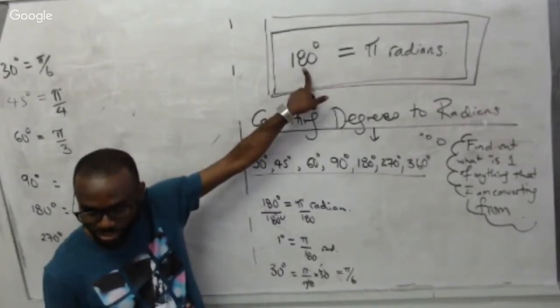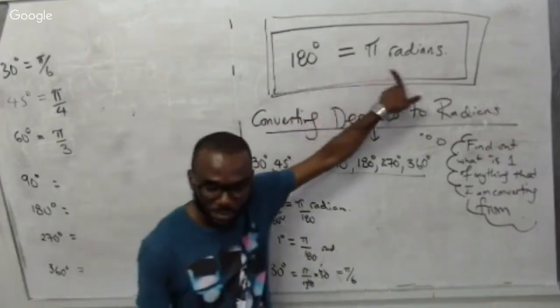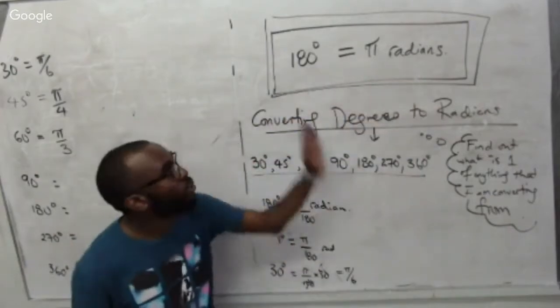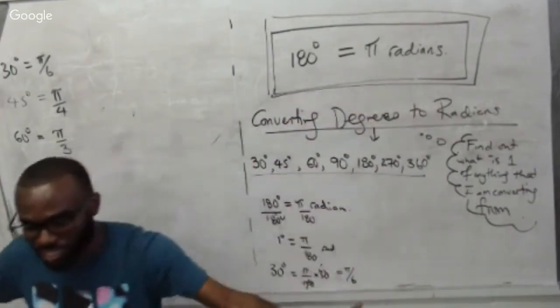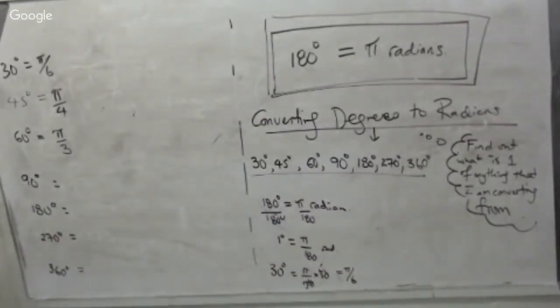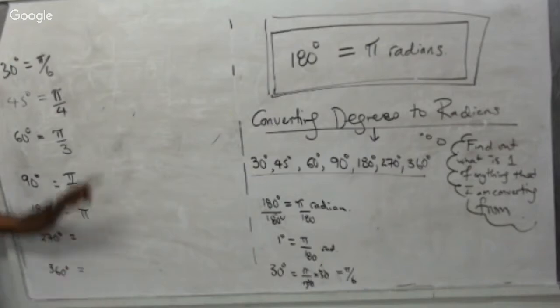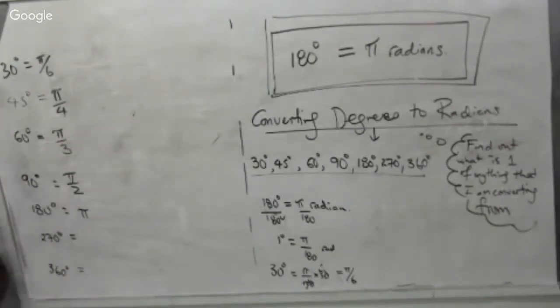I divide through by 2. So I need to divide both sides by 2 because anything I do to an equation, I need to do to both sides of the equation. Fair enough? All right. So this is pi upon 2. Again, 180 degrees is equal to pi radian because that's what you studied 15 times, right?